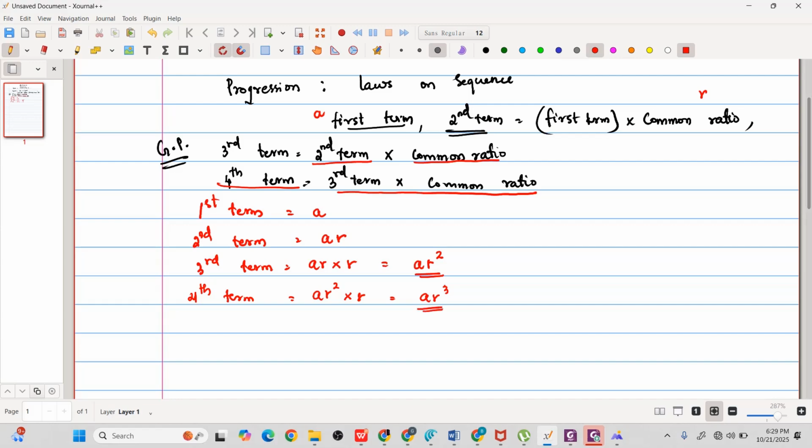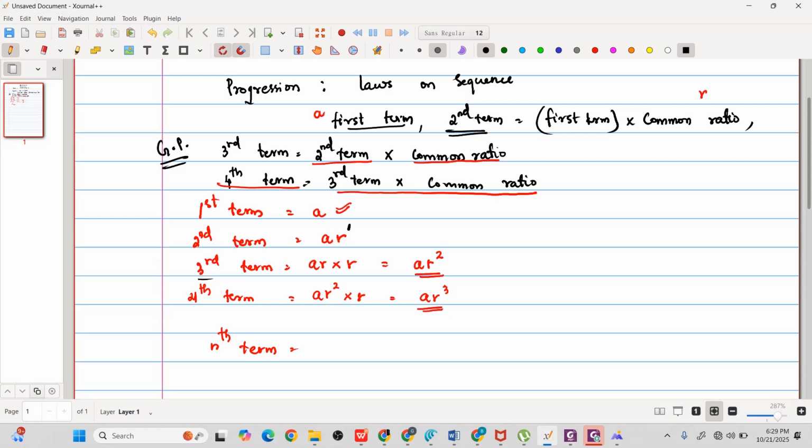Now considering the general term, represented by the nth term, by analyzing all these terms: the first term is only A. The second term is A multiplied by R, so the power of R is 1.